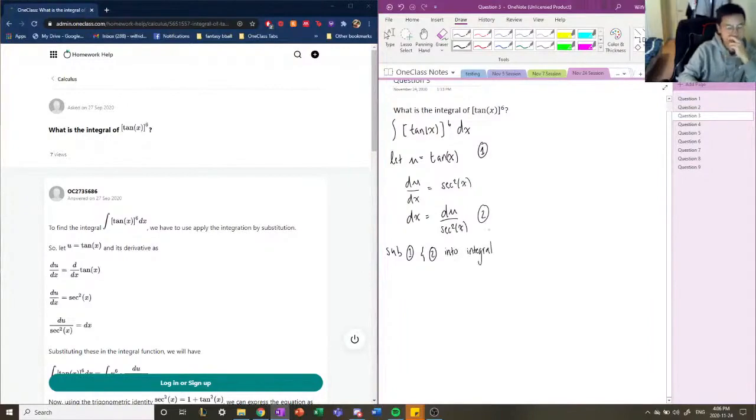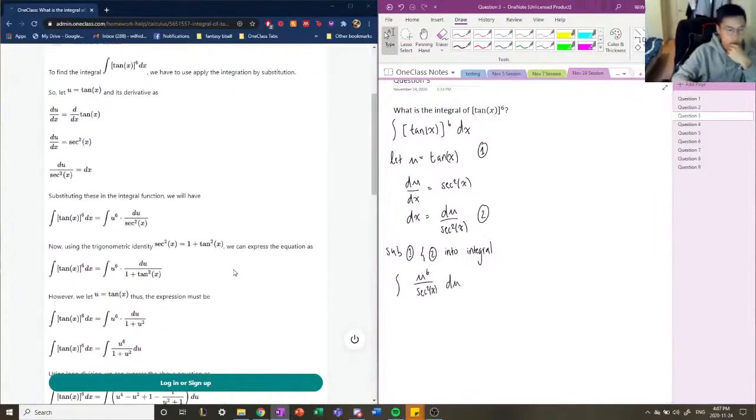Cool. So now we have this integral in terms of du. Now we get u to the power of 6 divided by secant squared x, du.